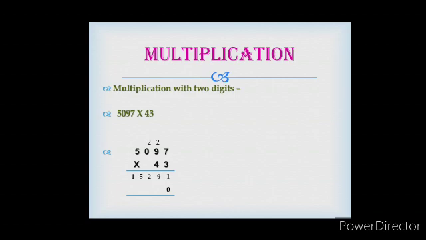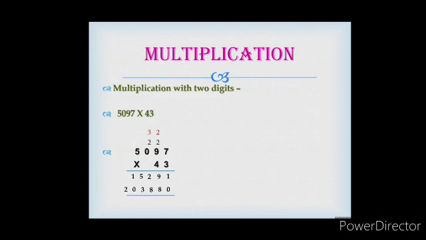So 4 sevens are 28, 2 goes carry here and then 8 stays here. Then 4 nines are 36 plus 2, 38, 3 goes carry and then 8 will stay here. 4 zeros are 0 plus 3, 3, and then 4 into 5, 20. So directly 20 will come.